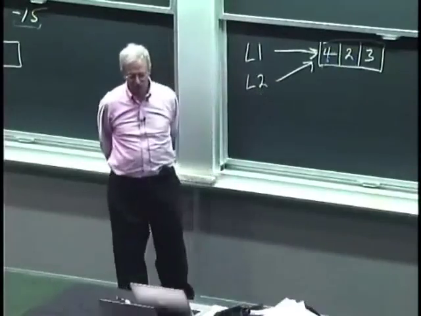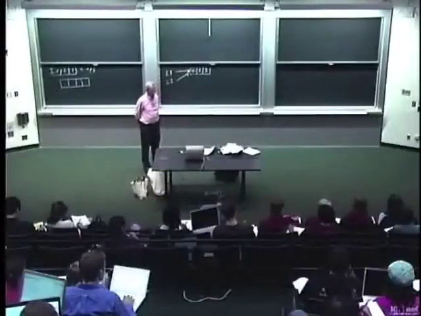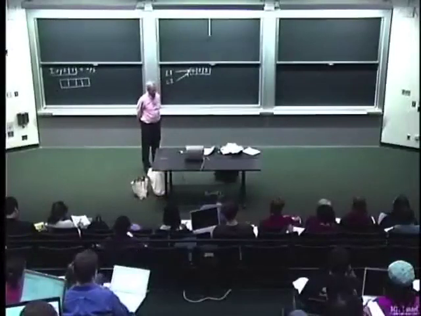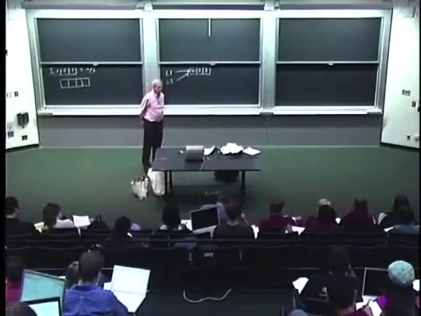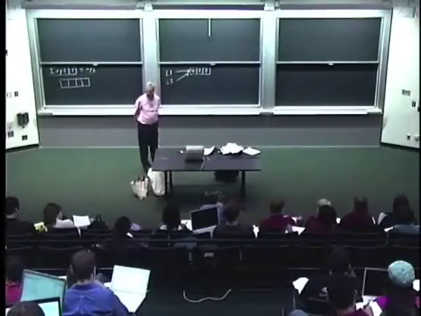Yes? How is that different than assigning variables, say you have A equals 2, and then B equals A, and then if you change A to 3, B still equals 2?